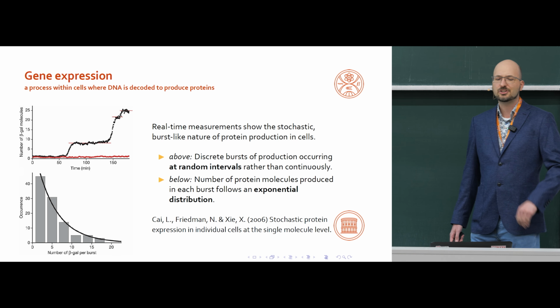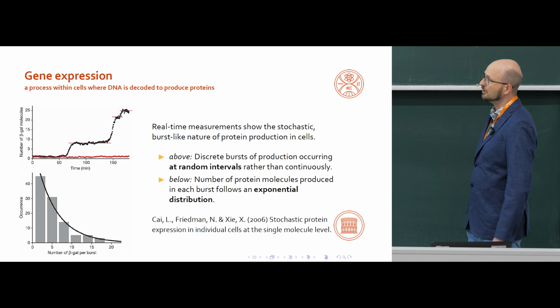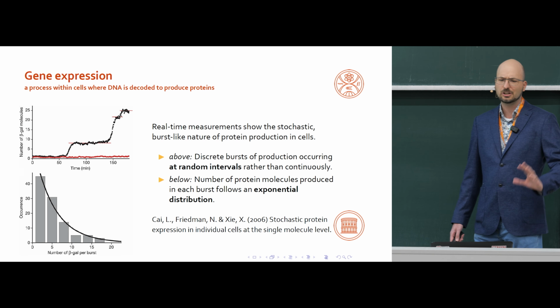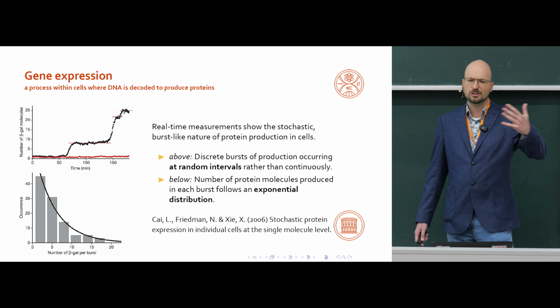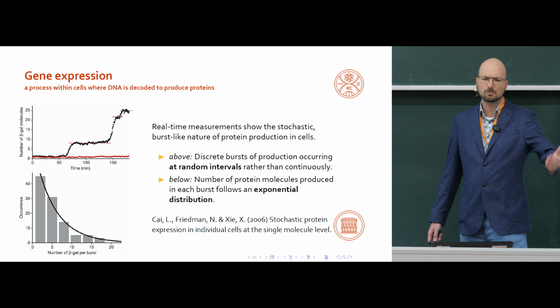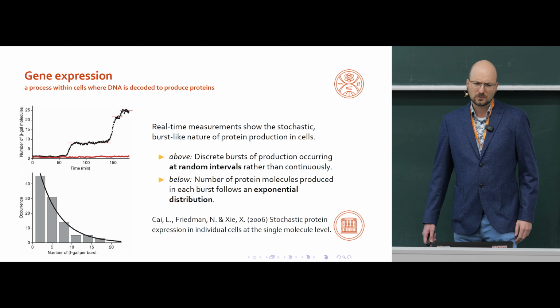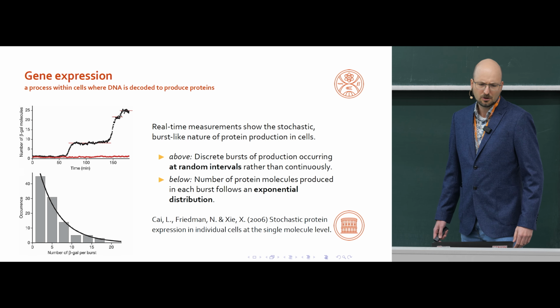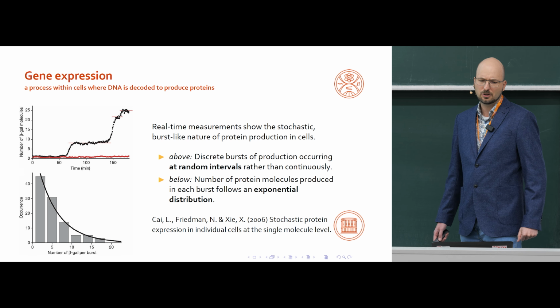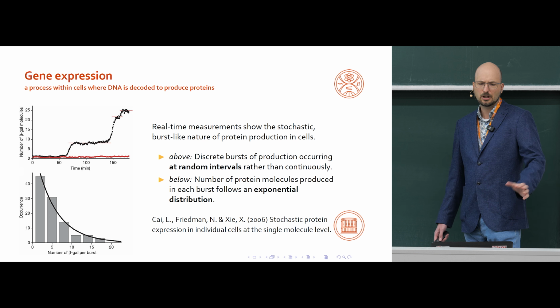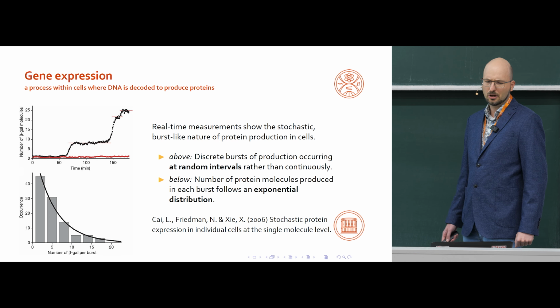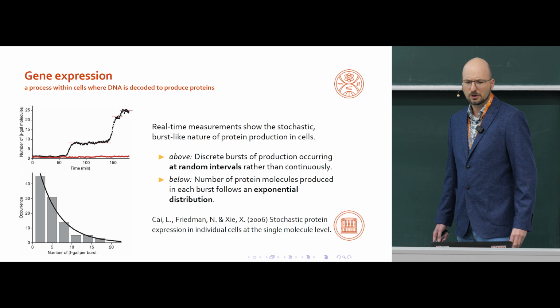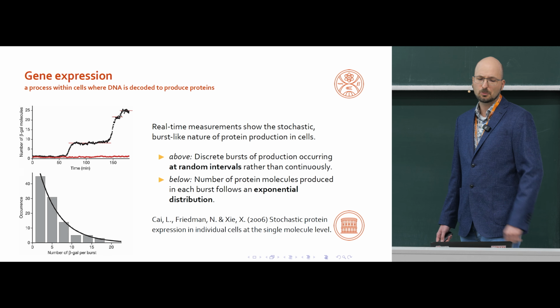And it actually makes sense because the exponential distribution is a memoryless distribution. It has some physical meaning behind it, why it should be memoryless. Okay, so this is taken from one of the quite influential papers from around 20 years ago, which were looking at gene expression at single molecule level.